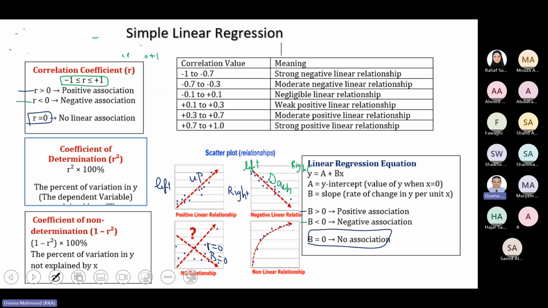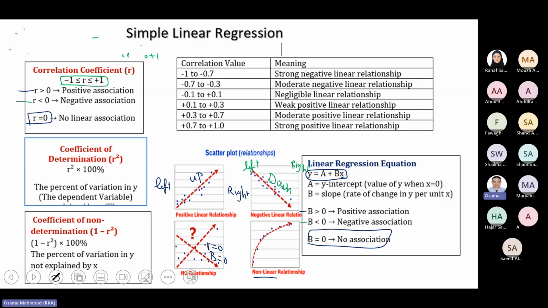But if the scatter plot has a shape different from the line, we say it is nonlinear, right? This is the link between the scatter plot and the correlation coefficient and the slope of the linear regression equation. This one is the best line representing the data we have, right?